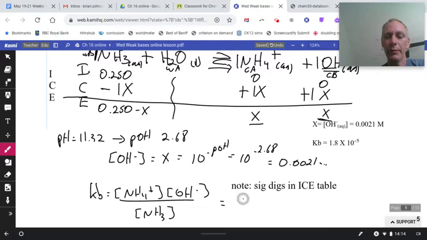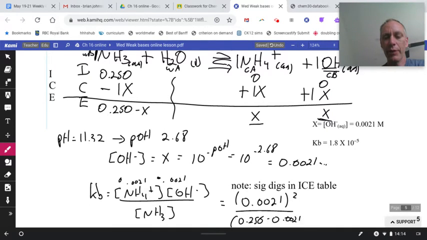So it becomes 0.0021 squared, because these are both 0.0021, over NH3, which is 0.250 minus 0.0021. Put that whole thing in brackets, plug it in, and you get a Kb value of 1.8 times 10 to the minus 5.